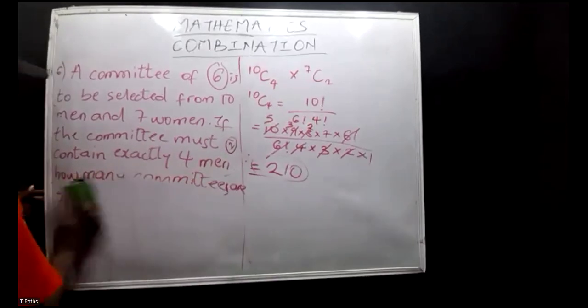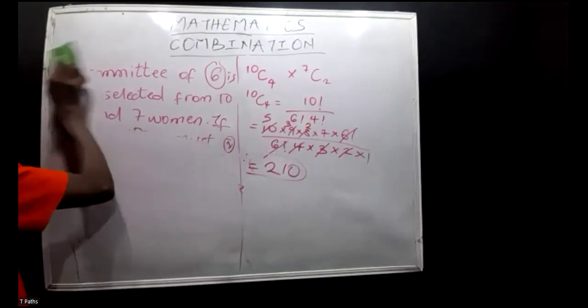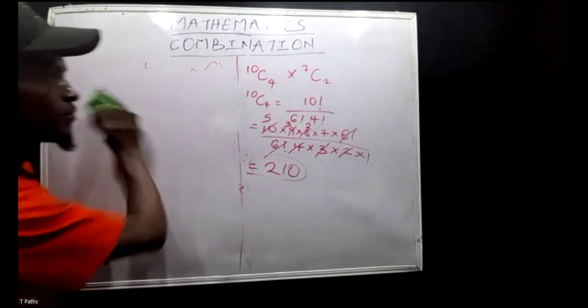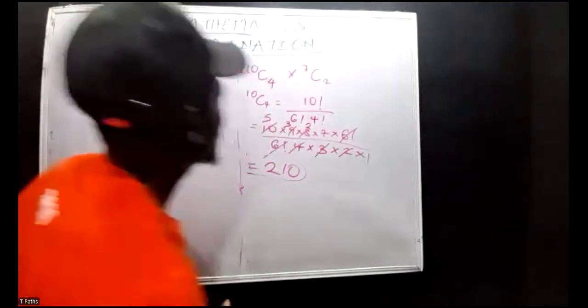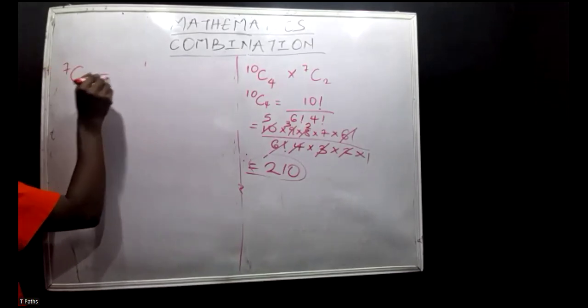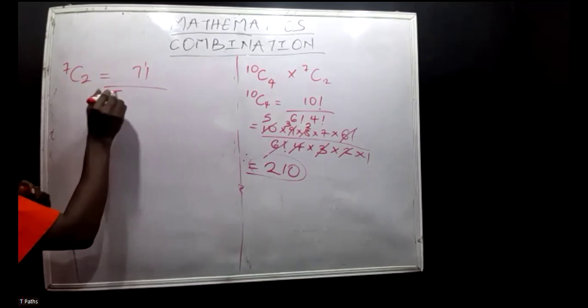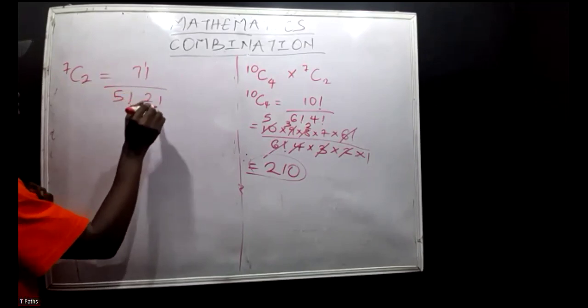Now for the ladies. For the women, we have 7 combination 2. That is 7 factorial divided by 7 minus 2 factorial, which is 5 factorial, then 2 factorial.